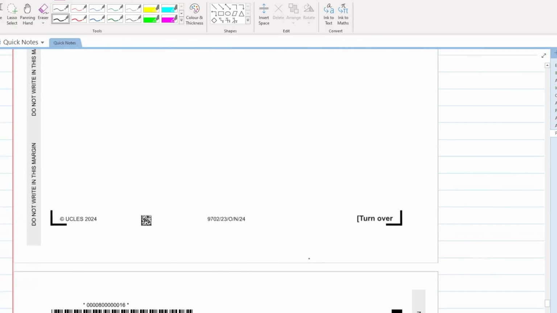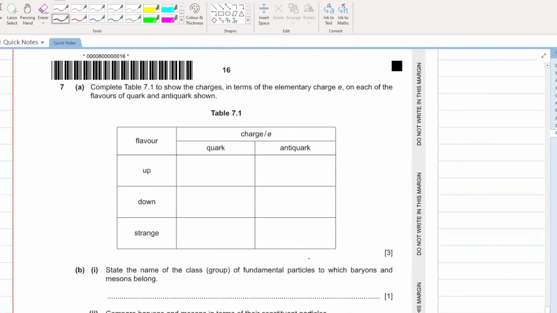Let's further move ahead. Now let's see this. Complete table 7.1 to show the charges in terms of the elementary charge e on each of the following flavors of quark and antiquark shown. What is the charge of up quark? Plus 2 over 3e.